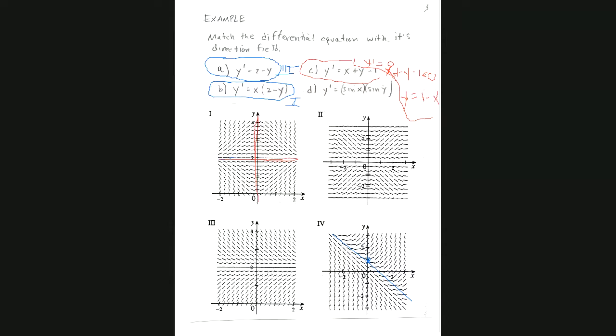I don't see that behavior in choice 2. So therefore, the answer here for C is going to be choice 4. And then by process of elimination, D is going to be choice 2.